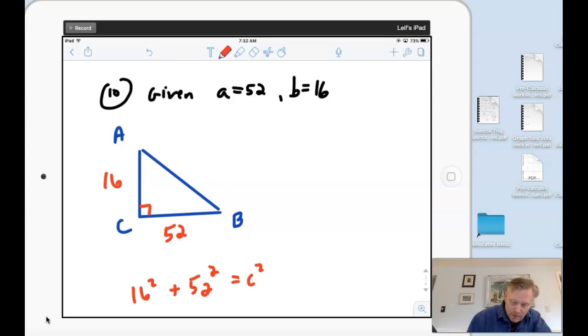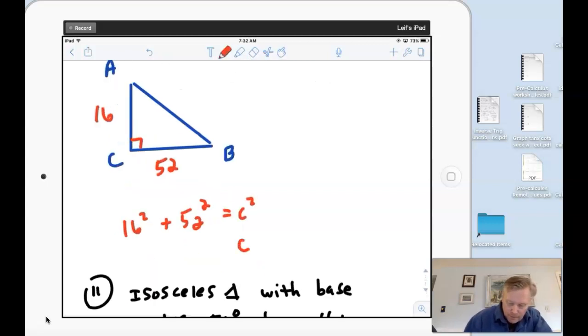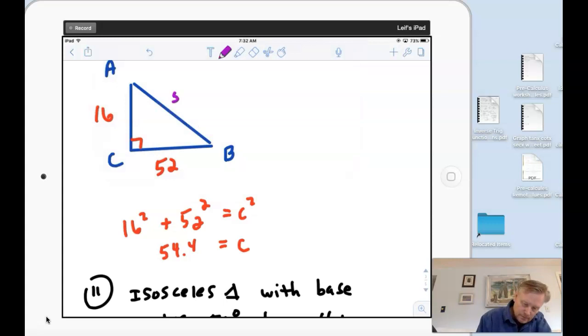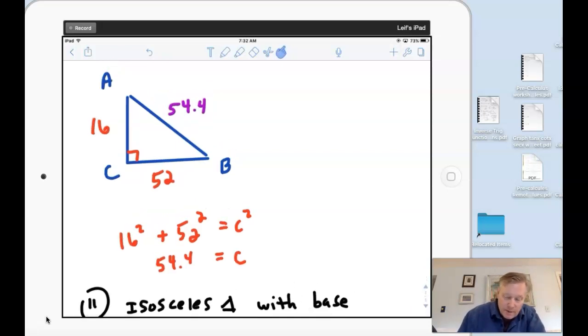And if I solve that out, I will get c equals 54.4. So I got that. Now I need an angle. You can do sine, cosine, or tangent here since I've got all three sides.